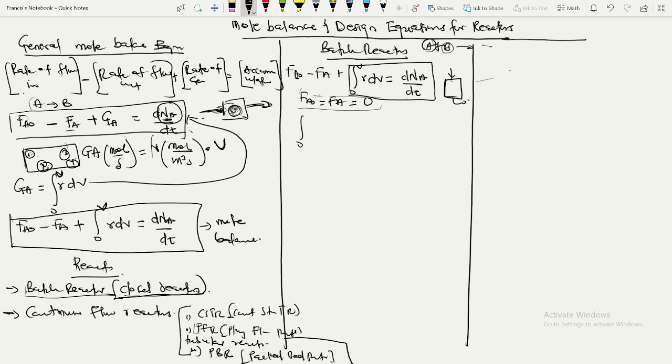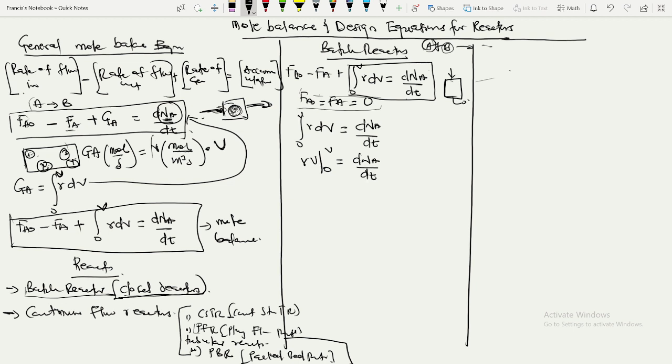So the integral from 0 to V of r dV should be equal to dNA over dt. And we know that for batch reactors, there is always accumulation. When we integrate this, we are going to get rV from 0 to V, and that should be equal to dNA over dt.